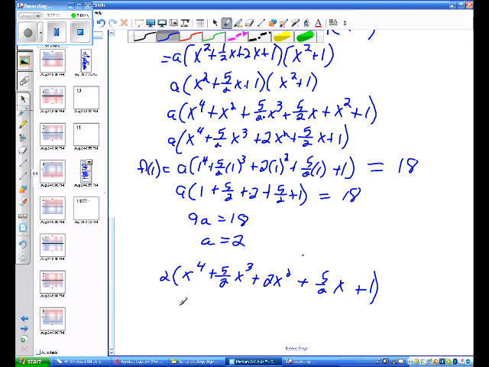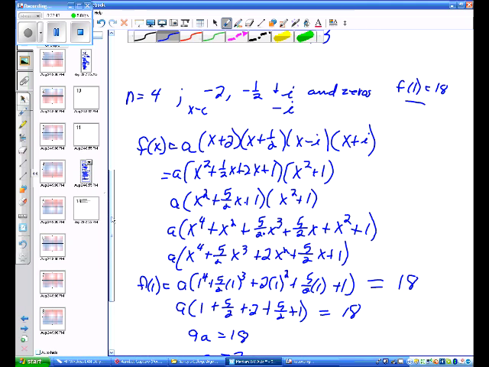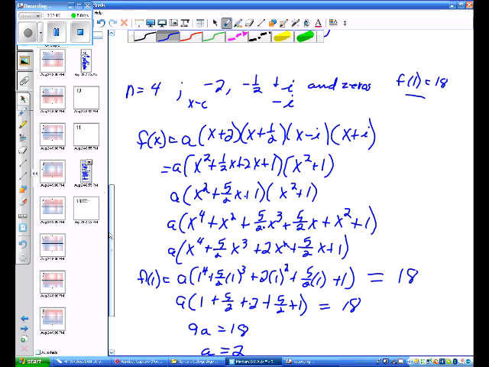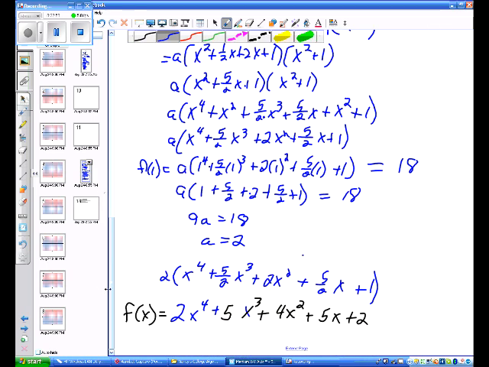Now if we distribute the 2, so 2 times 5 halves would be 5x cubed, we have 2x to the fourth plus 5x cubed plus 4x squared plus 5x plus 2. And so now I have the equation that will give me those solutions and go through that particular point. That's dealing with our linear factorization theorem, and that's how we go about coming up with our equations.